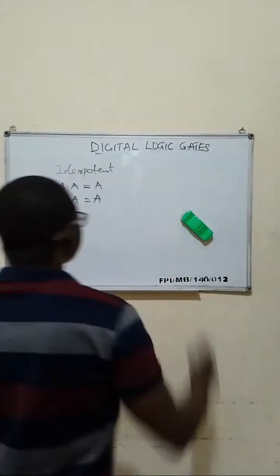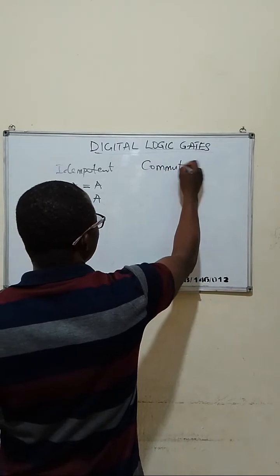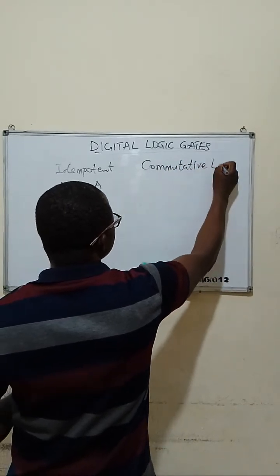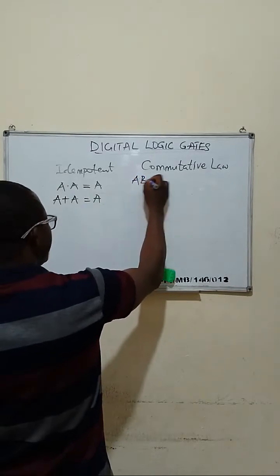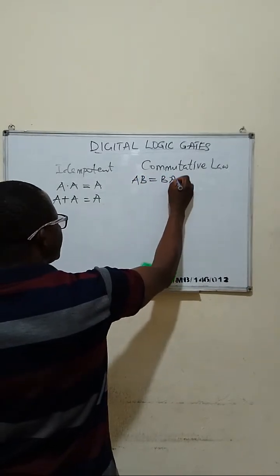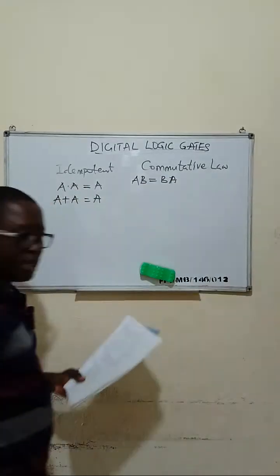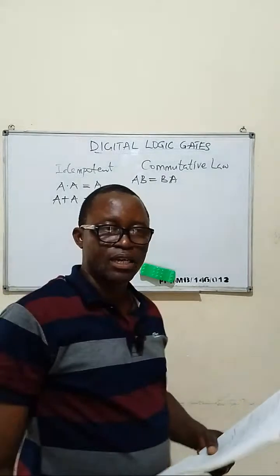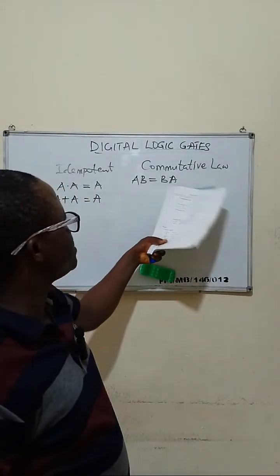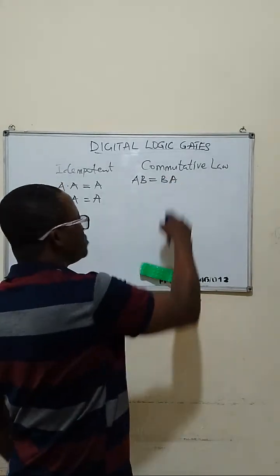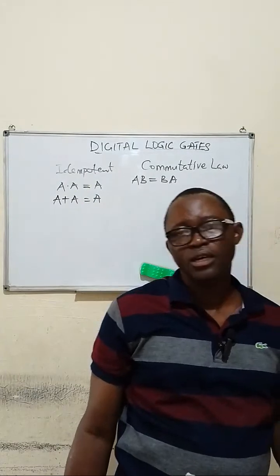We also have the commutative law. For the commutative law, AB is regarded as BA. That is, A dot B gives us the same thing as B dot A. That is like multiplication: when you have A multiplied by B, it's the same thing as B multiplied by A. But mark you, this is not arithmetic multiplication. This is logic AND.